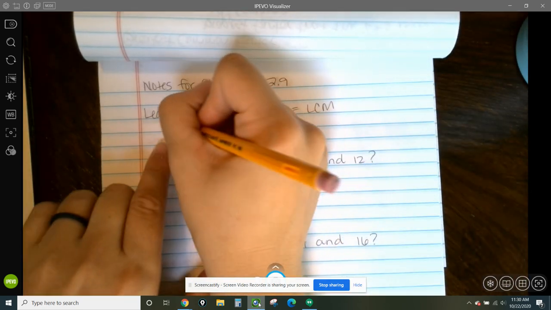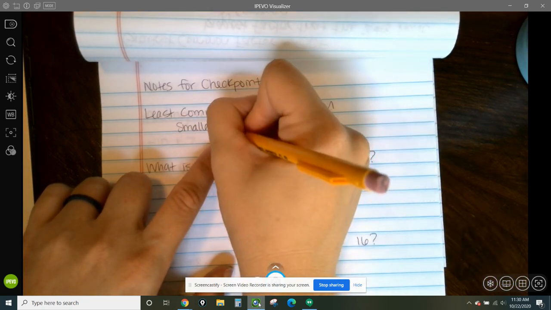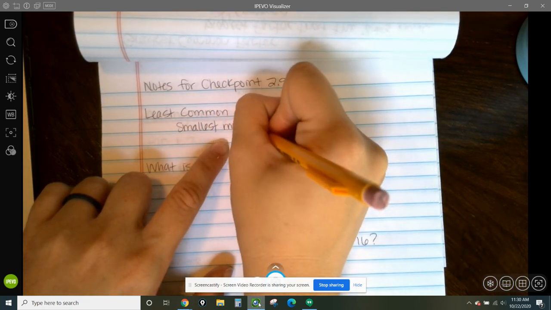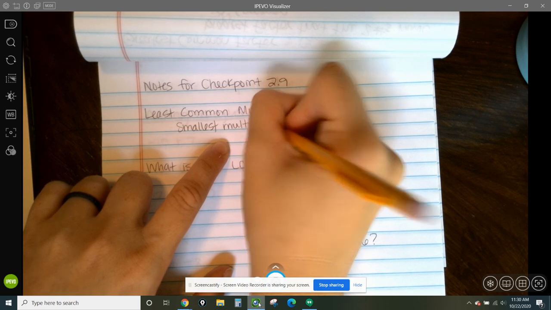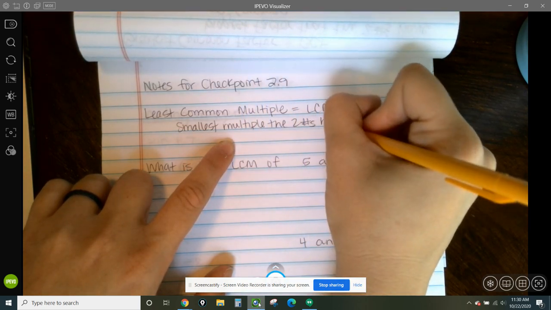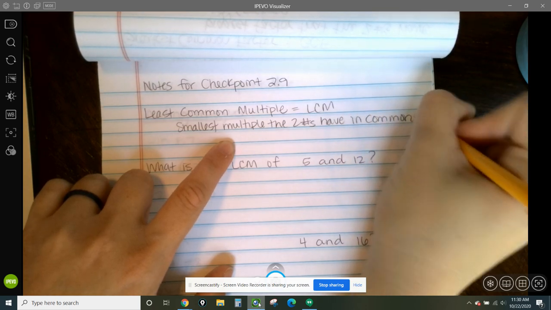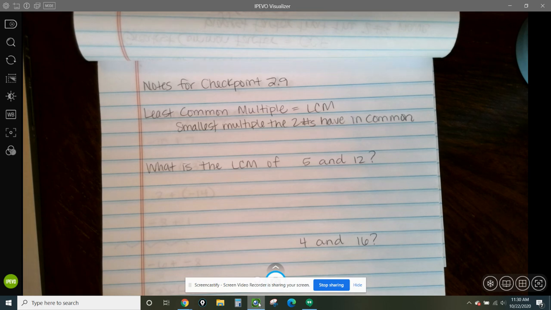So least means smallest multiple the two numbers have in common. The smallest multiple that the two numbers have in common. And you're about to see a bunch of examples of these, but get that definition down there.